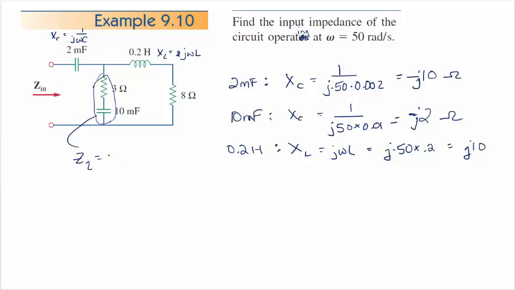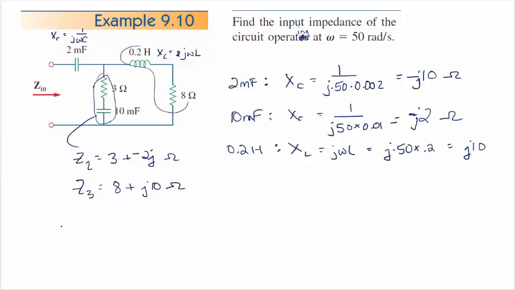Z2 is 3 ohms plus minus j2 ohms. Sorry, I should have put that j first. And these two guys are in series. So Z3 is 8 ohms plus j10 ohms.